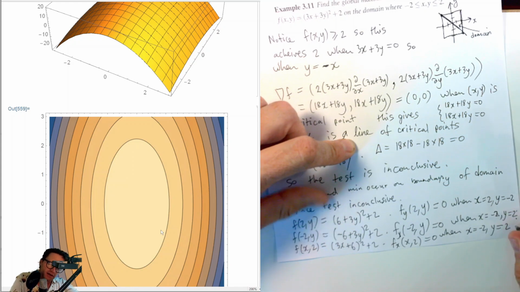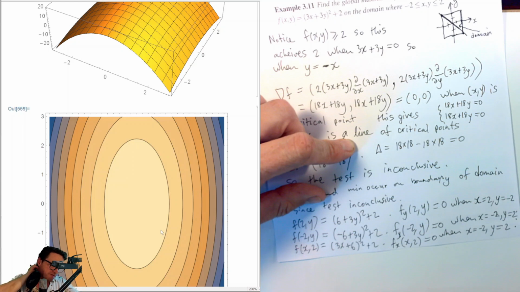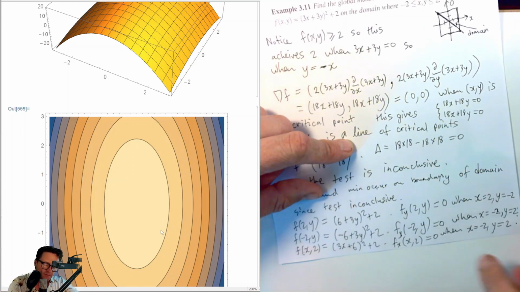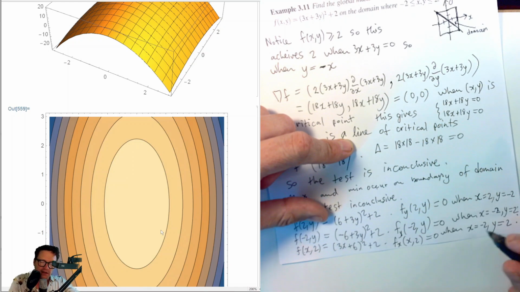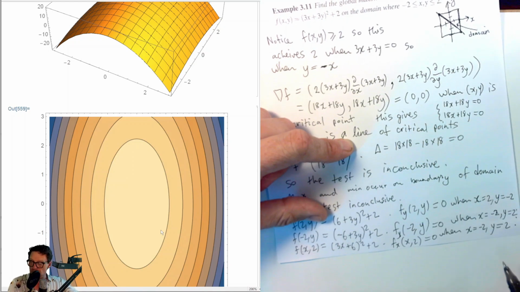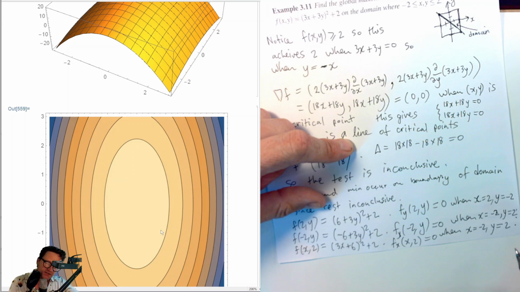So just like this, right? Similarly, when we do f of x comma minus 2, we'll get something similar here, and this occurs when x is equal to 2 and y is equal to minus 2.